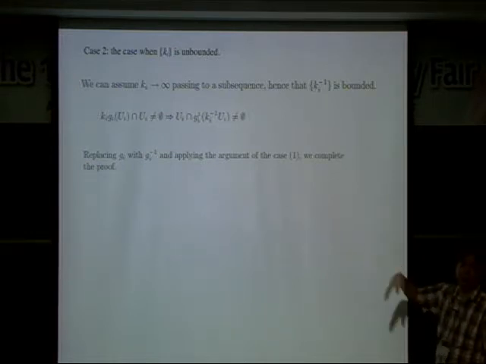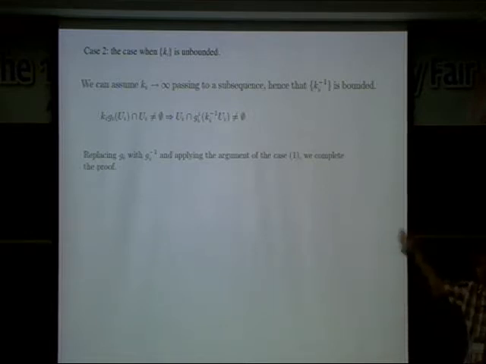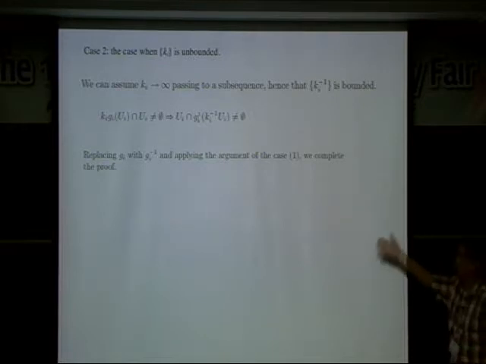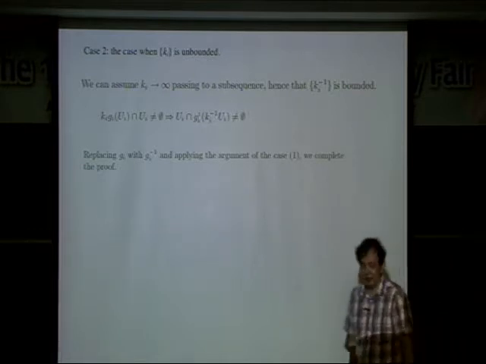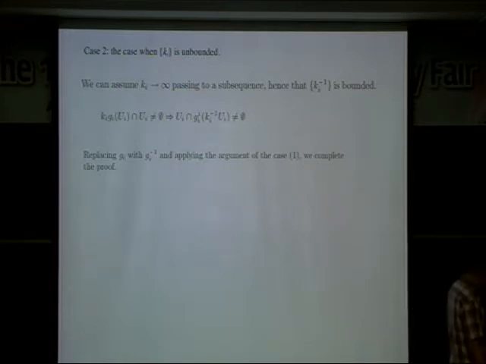And instead of considering g_i, you consider g_i inverse, then the situation is like in case 1. So that case is all right. So the proof is something like this. So we have proved that there is a domain of discontinuity for the action of the group generated by G1 and G2.